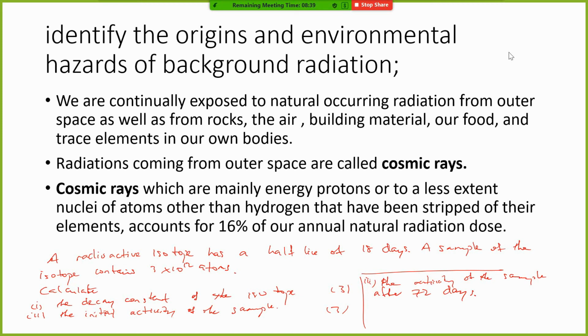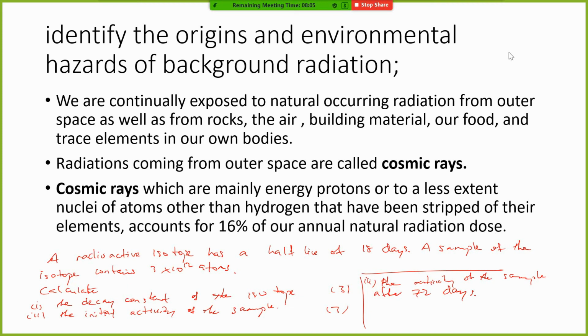I don't think it can become any more complicated than that. Just know the structure, know when to use Avogadro's number. That is when you want to find the number of atoms within a particular mass of a substance. It's not in all cases you will use Avogadro's number, because in this question you don't need to, since you know the number of nuclei that is present.